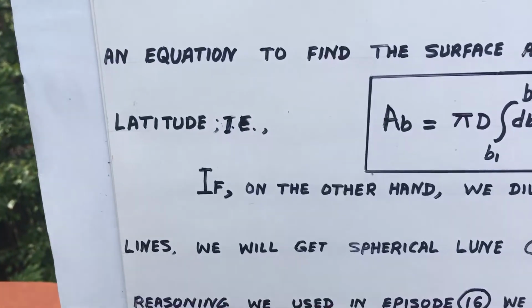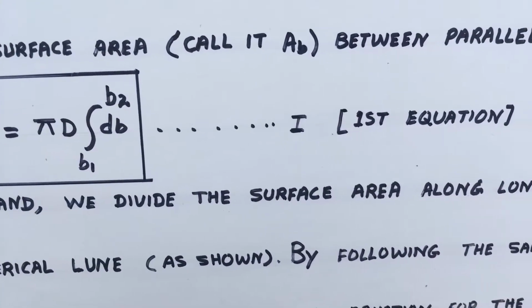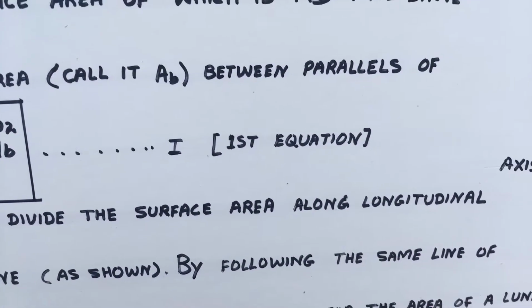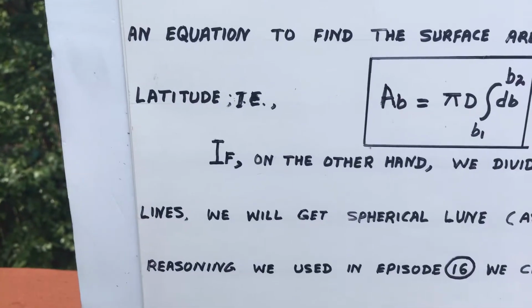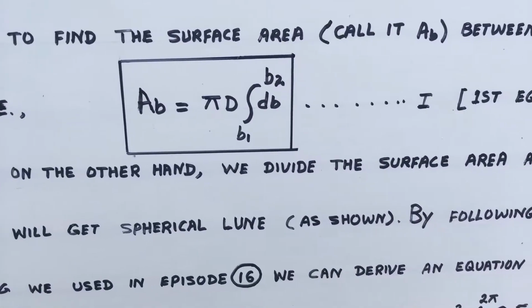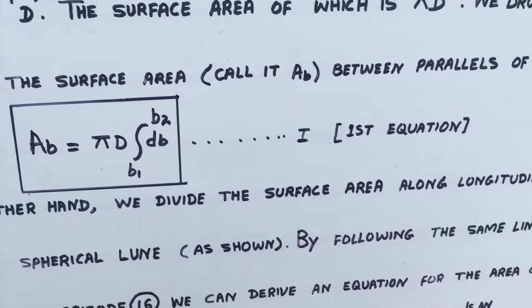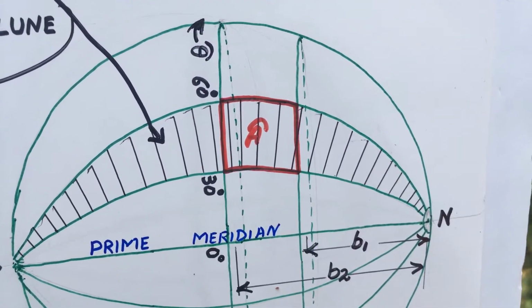If, on the other hand, we divide the surface area along longitudinal lines, we'll get a spherical lune as we have shown, and this green shaded one is a spherical lune.